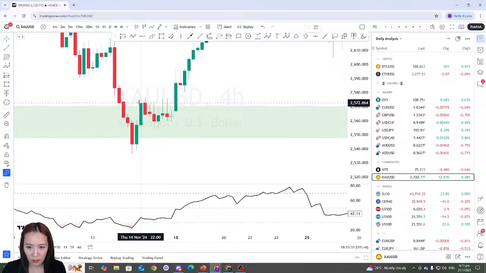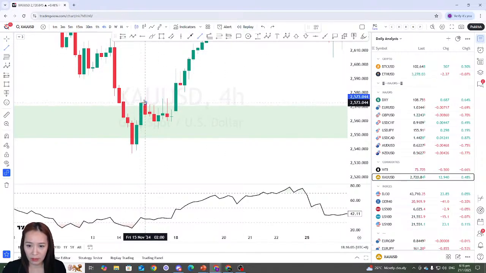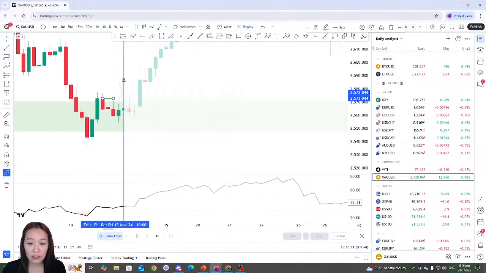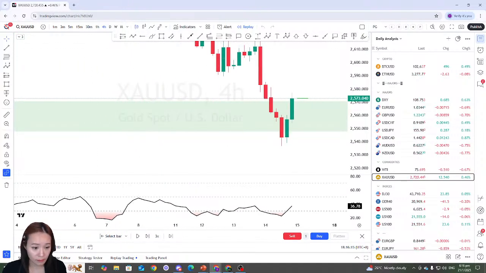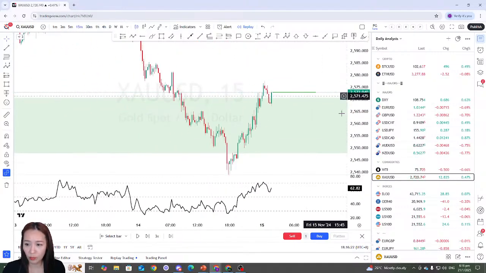If you buy here, you might get stopped out, or you will see the price pull back. So you need to go to the lower time frame, either M5 or M15, to wait for price to pull back.